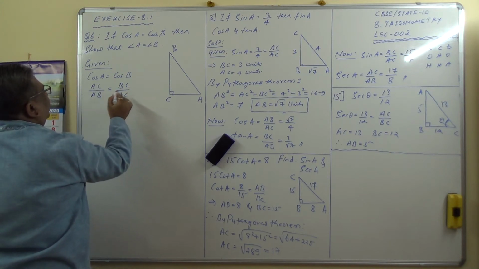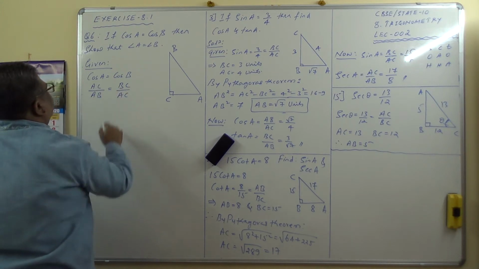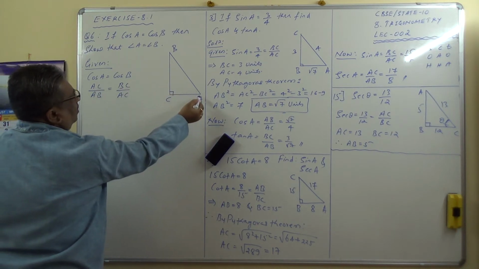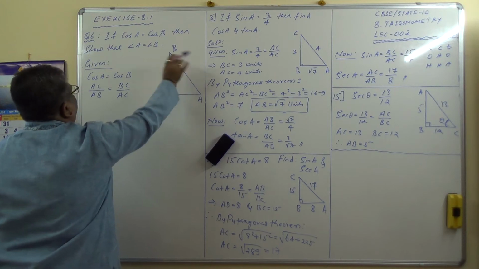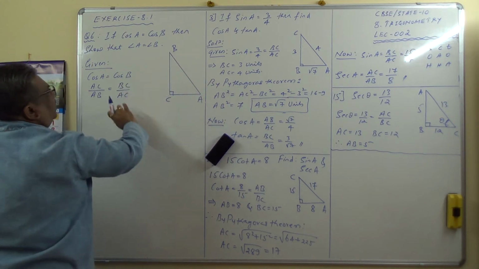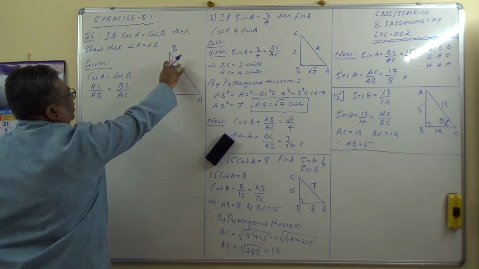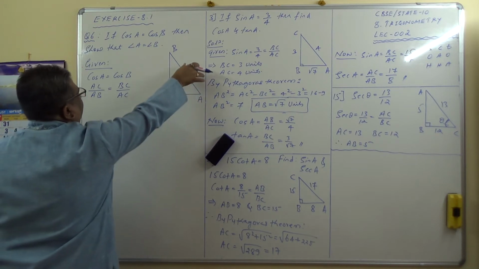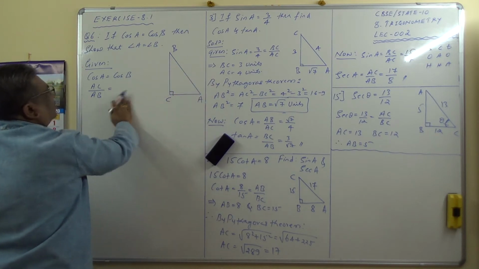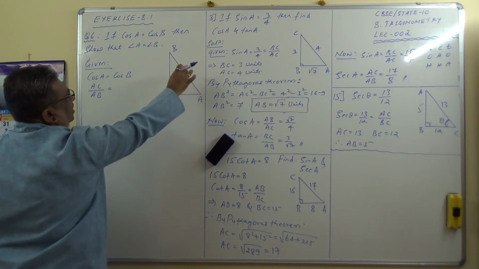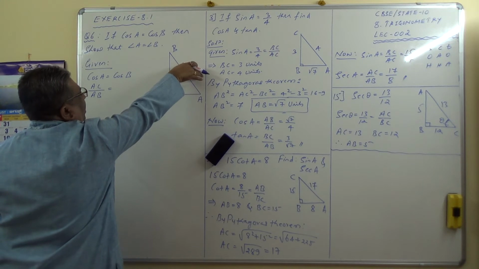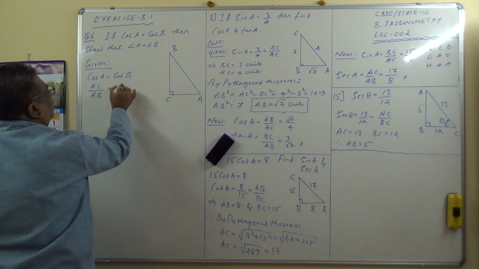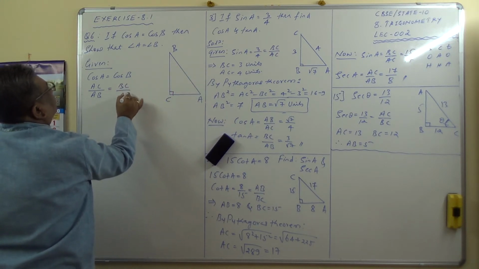Just a moment. Cos of A equals BC by AB, that is correct. And cos of B equals AC by AB. Cos of B is adjacent by hypotenuse, BC by AC. Okay.